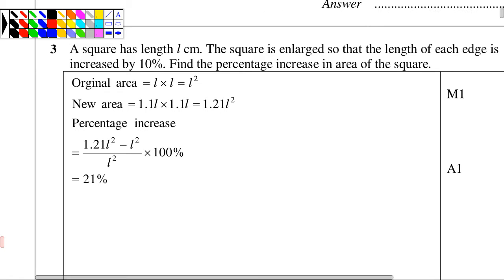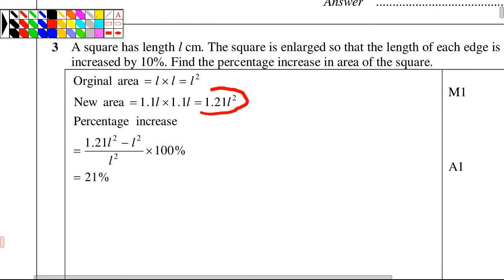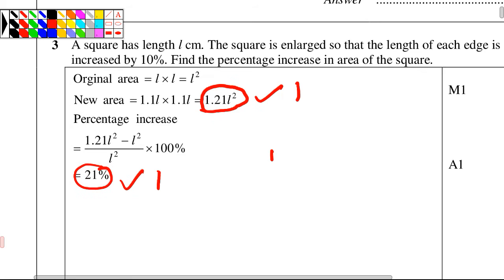Now, increase by 10%. Now where is the mark? If you have 1.21, this is 1 mark. 21%, this is 1 mark. Huh? 110 square over 100 square.